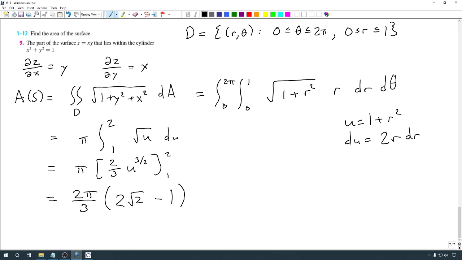There are some problems that the book has where it expects you to approximate, where maybe the integral itself is not something you can do very easily, but I haven't assigned any of those to you. If you can set it up but can't do the integration, you can fall back on any numerical integration ideas that we had from back in Calc 1 or Calc 2. That's not really of much interest to me in this particular chapter.